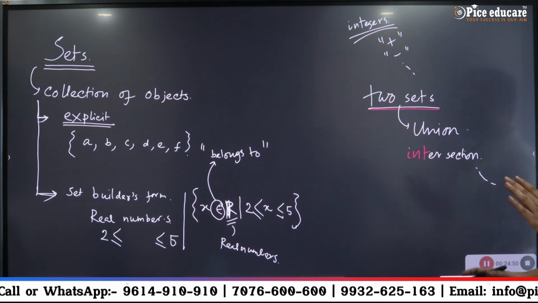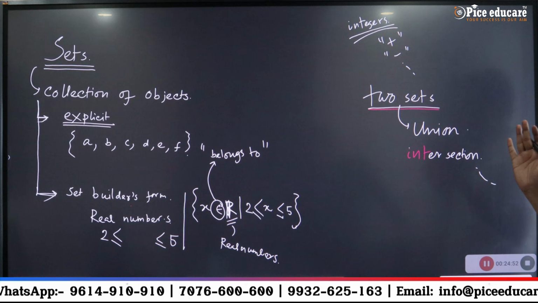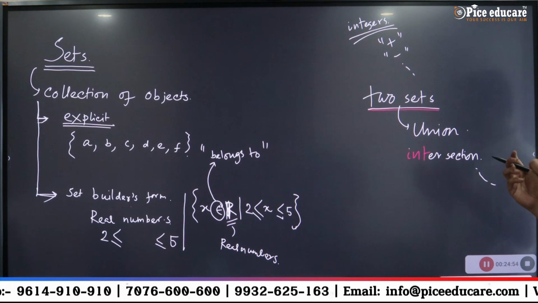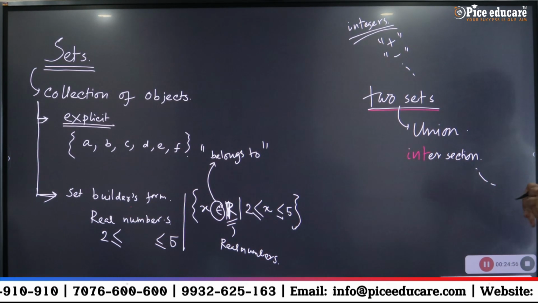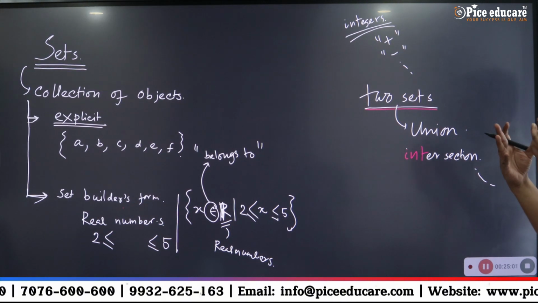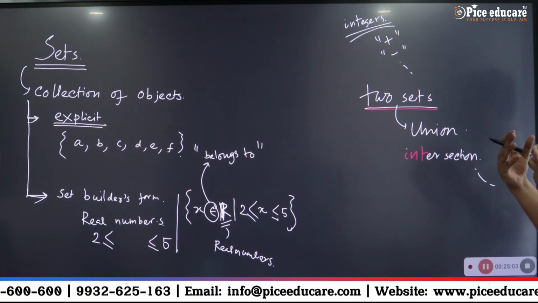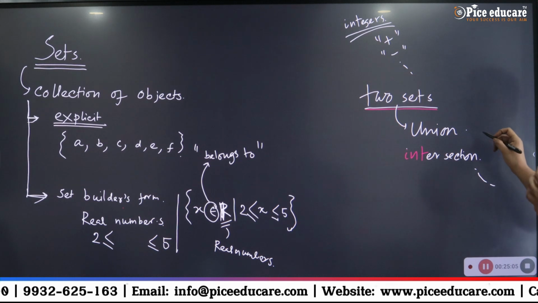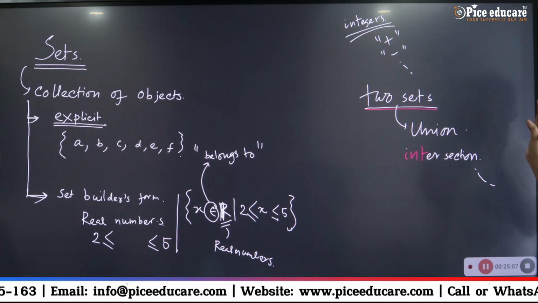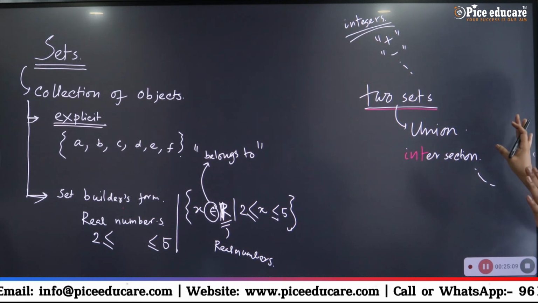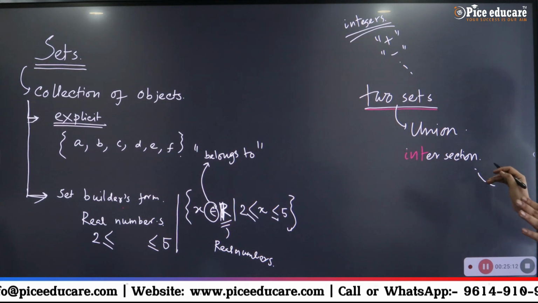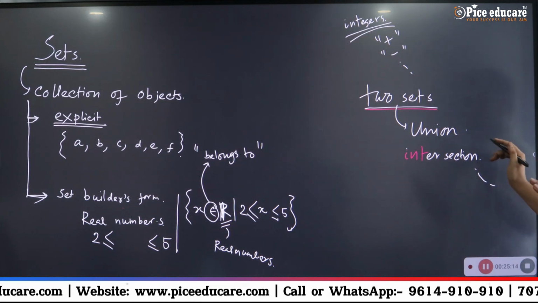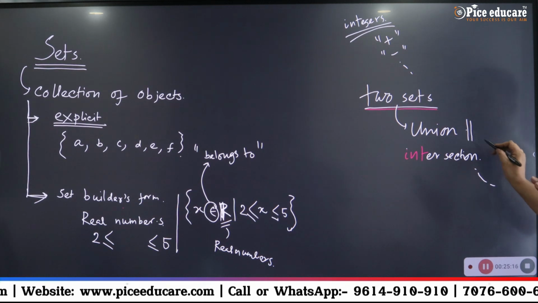In a way, we are slowly going to move to a different topic. So I just need some basic ideas from set theory, and we're going to be building up on that. Our goal is not to know about every operation that there is. We just need the basics. So union and intersection are the two basic operations.